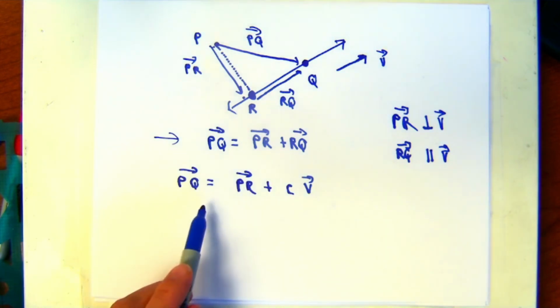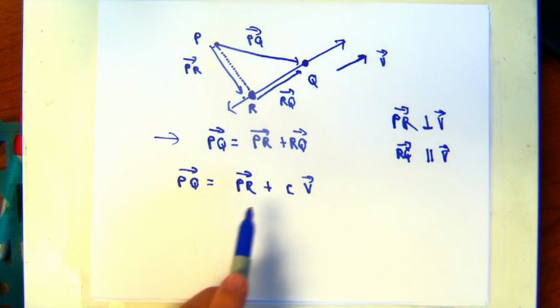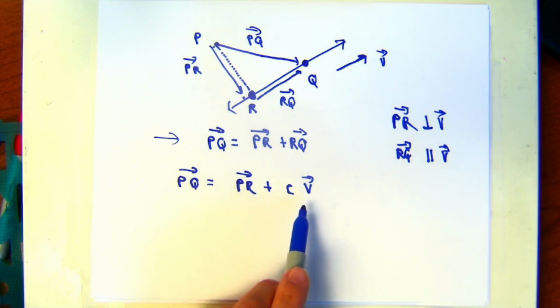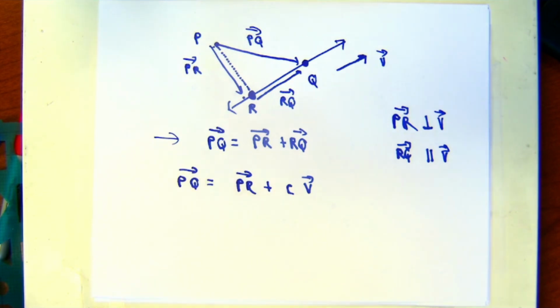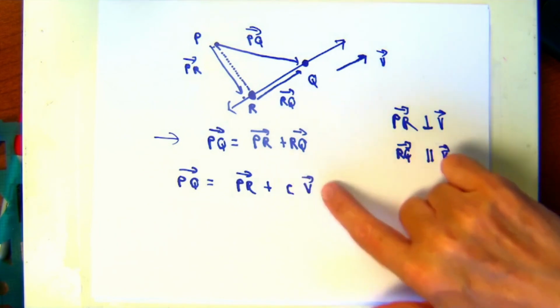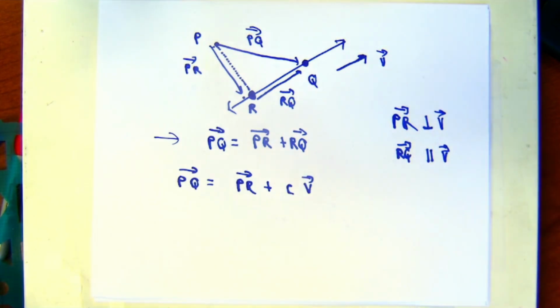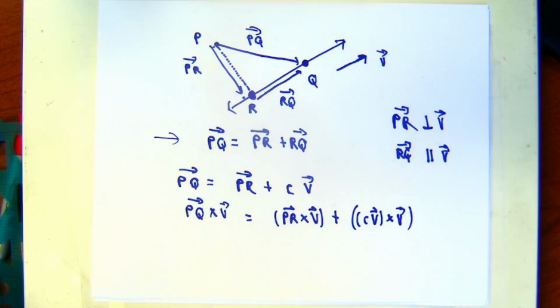I can easily calculate this. The magnitude of that vector is what I want, so I want that to stay around. This is the part that I would like to somehow get rid of. I can't get rid of it by doing a dot product with V, though. This term would just be constant C multiplied by the square of the length of V. But I've got another kind of vector product that I can use.